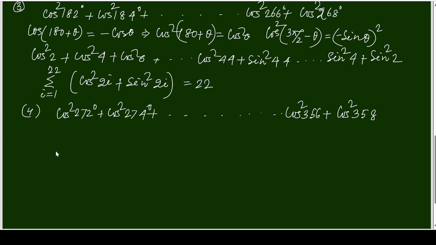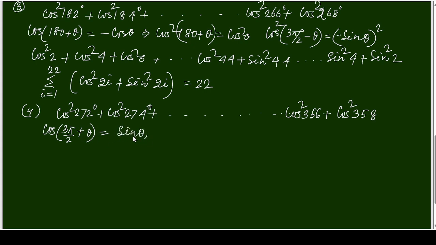So here we will apply cos 3 pi by 2, 270 plus theta. We are in the fourth quadrant and cos is positive here, so it will be sin theta.